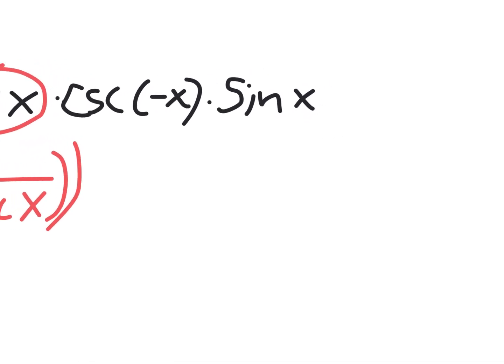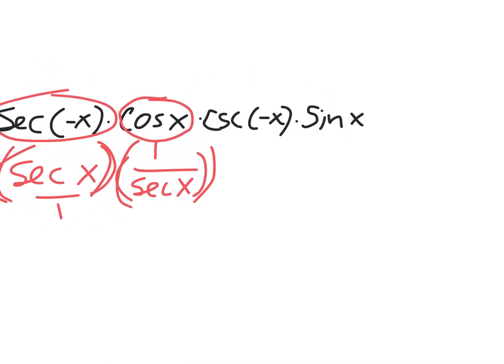How about this part? Cosecant -x. George, what'd you find on the sheet? Equals negative cosecant x. Yep. Times sine. And if I was going to use strategery to try to get this to go faster, I'd just go 1 over cosecant right there, because sine is 1 over cosecant.